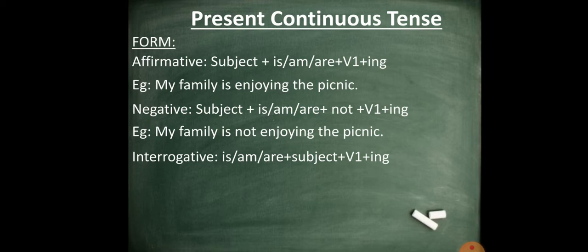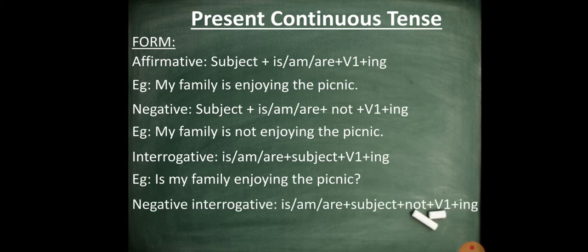So the interrogative sentence will be, is my family enjoying the picnic? The negative interrogative will be, is/am/are plus subject plus not plus V1 plus ing. The sentence will be, is my family not enjoying the picnic?